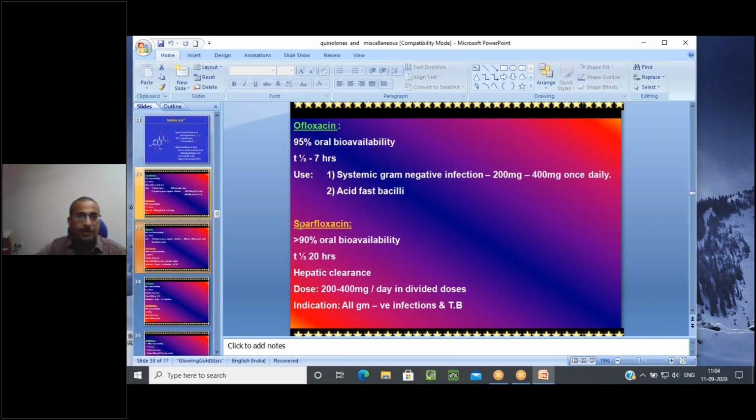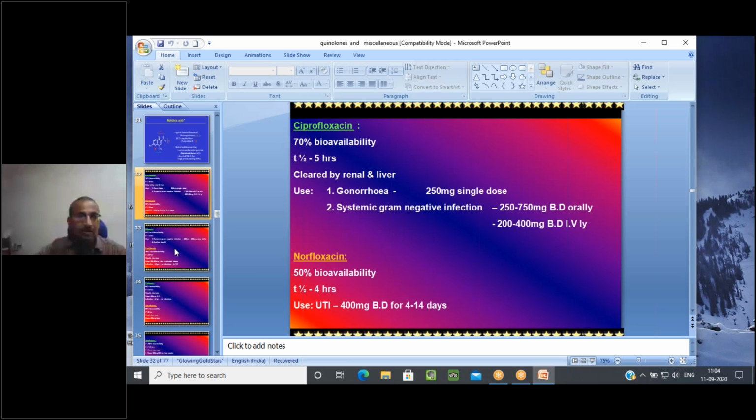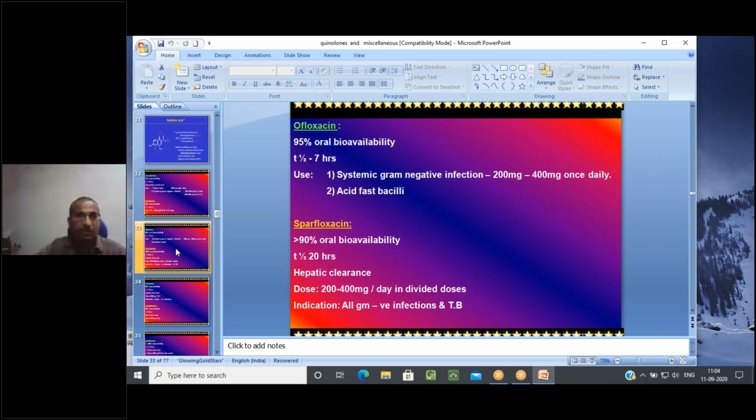Next one is sparfloxacin. This also has higher oral bioavailability after oral administration.